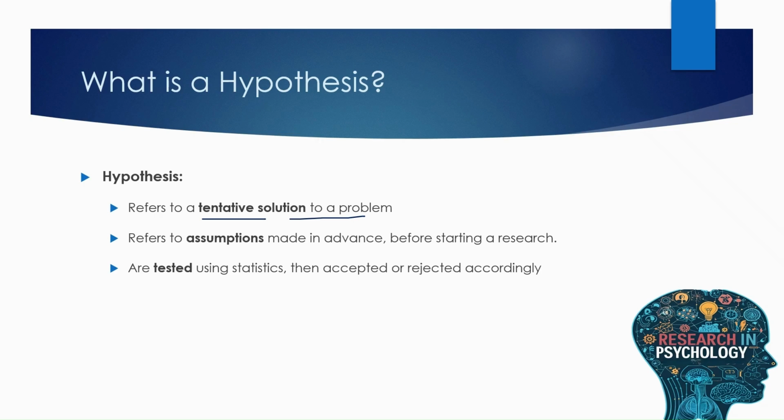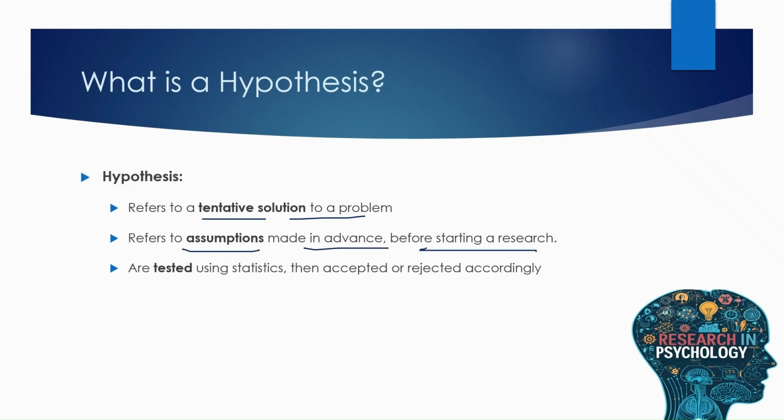Okay, so our problem is whether awards are going to affect motivation or not. We are providing a tentative solution in the hypothesis that awards do what? Affect motivation positively. So I'm providing a tentative solution to that problem. Okay, also hypothesis refers to assumptions made in advance before starting a research.